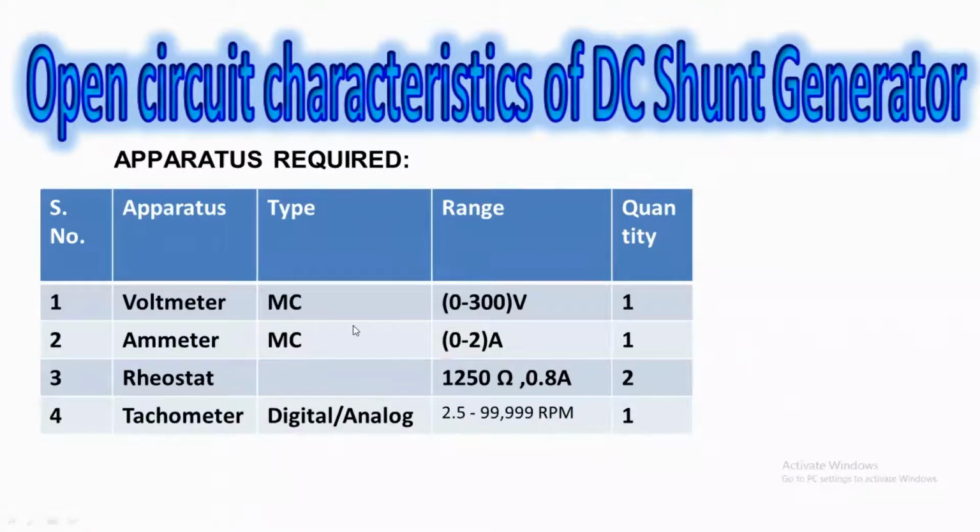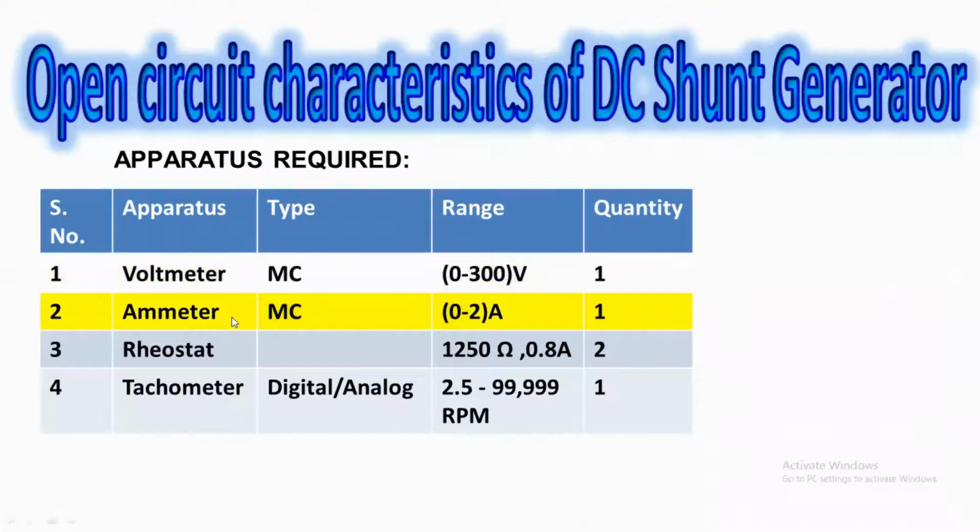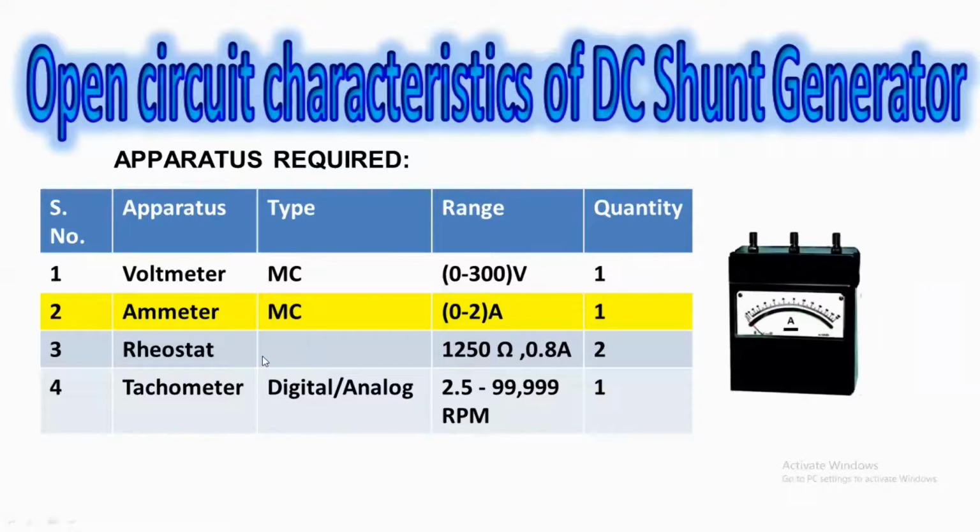The required apparatus are, first, a voltmeter of range 0 to 300 volt, moving coil type. Second, an ammeter of range 0 to 2 ampere, moving coil type. Third, 2 rheostats of range 1250 ohm, 0.8 ampere.